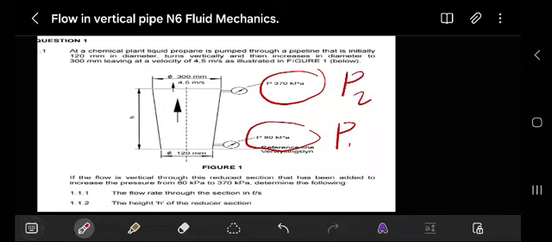Why? Because initially the water starts from the bottom. We take the bottom as a reference. So this will be diameter 1, pressure 1. We have h, we don't know the length of h, it's just h there, right?